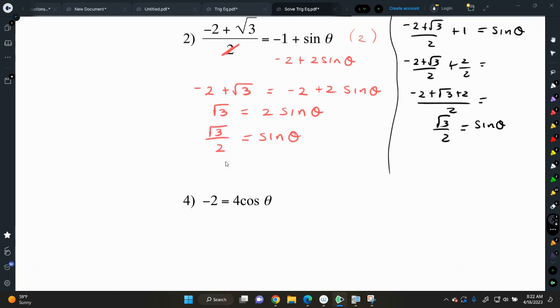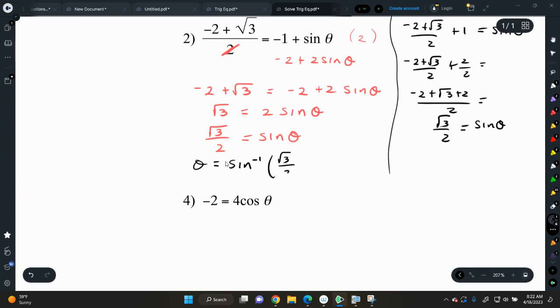All right, so we have theta equals inverse sine of root 3 over 2. So again, looking at our unit circle, our brain is saying, where is the sine value? Where is y equal to root 3 over 2? That's going to be right here at that 60-degree reference angle.